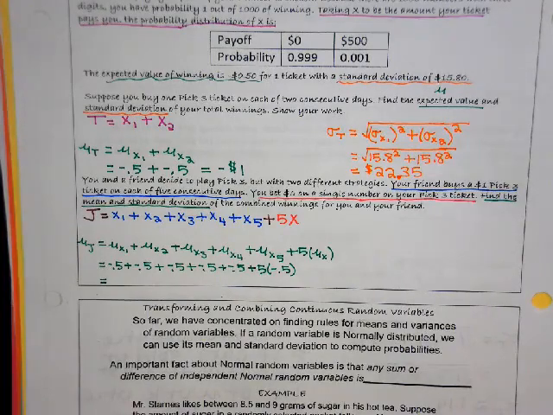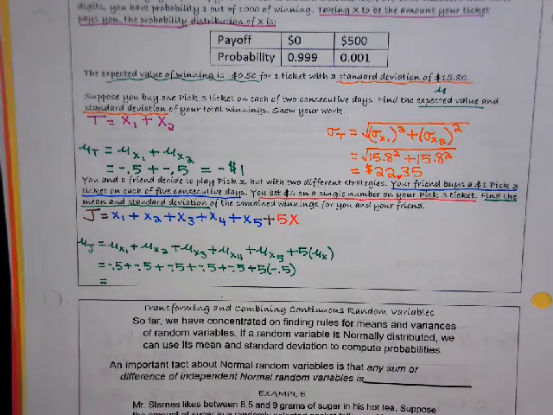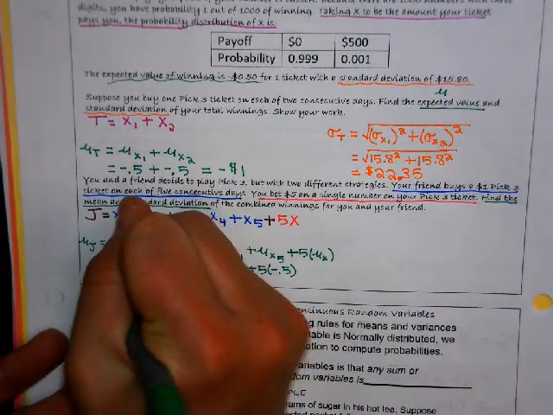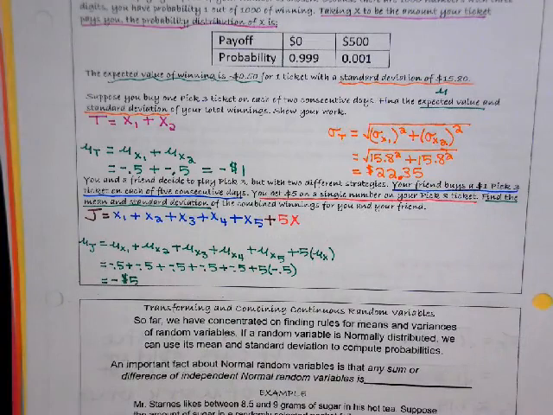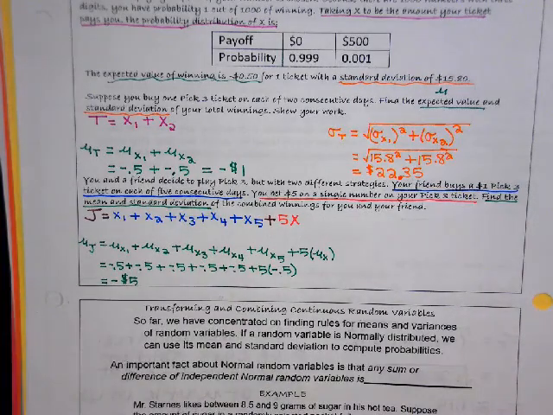So how much do you and your friend expect to lose? $5. Do I need to zoom in, Jillian? Questions?